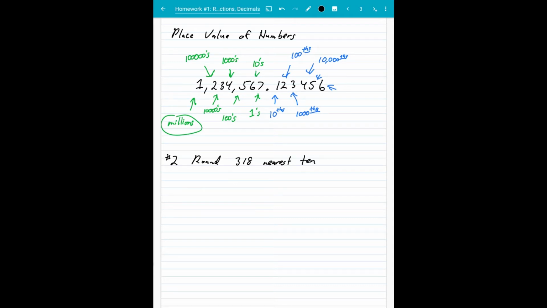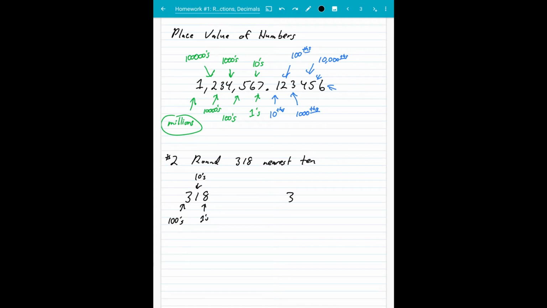So if we're rounding to the nearest 10 place, we have to examine the number 318. This is the ones place. This is the tens. This is the 100s place. So we have to round it to the tens value right there.